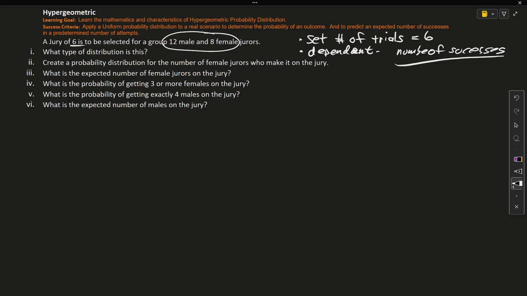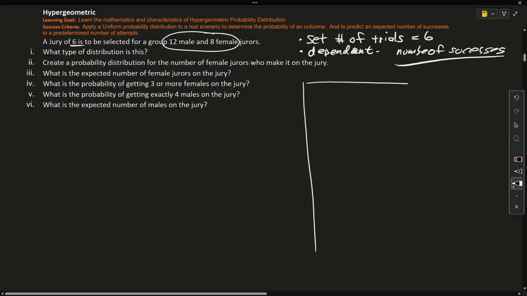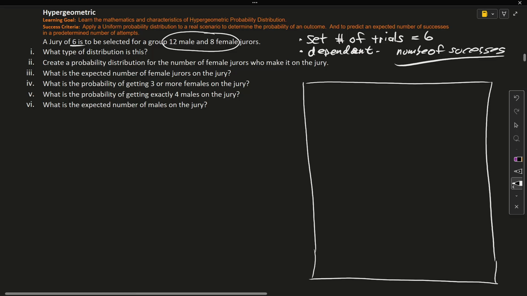So over here, I'll make the probability distribution. We know that the probability distribution is the possible number of all successes and failures. It depends on what we're looking at. In some cases, we're looking at males. In some cases, we're looking at females. And so you can flip back and forth.